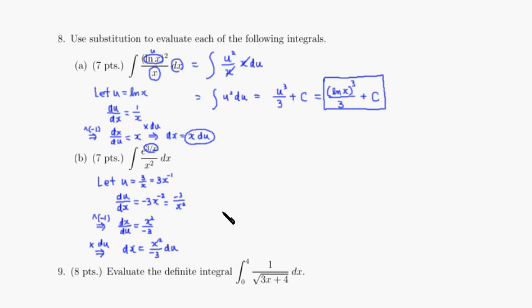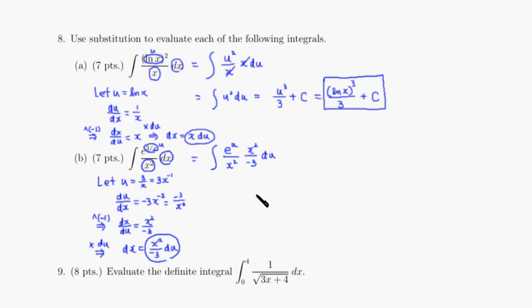All right, let's rewrite that. This is equal to the integral of e to the u, since we decided to call this guy u, over x squared, which I'll keep as it is for now. Then dx is the same thing as x squared over negative 3 du.